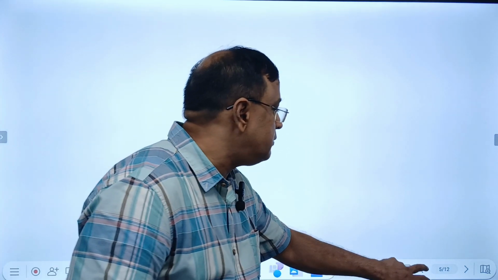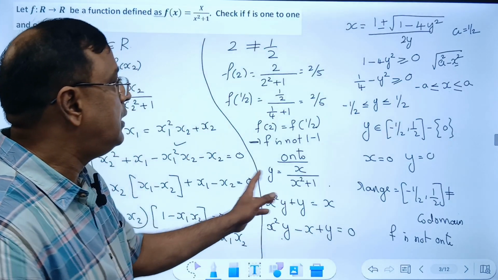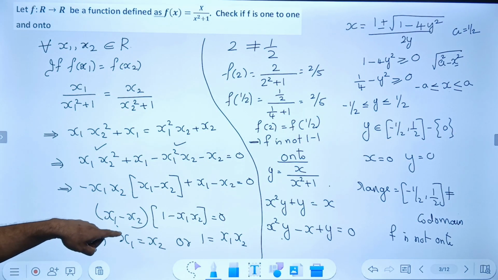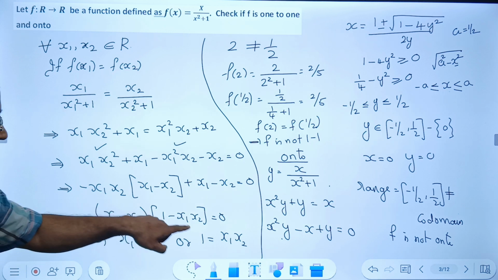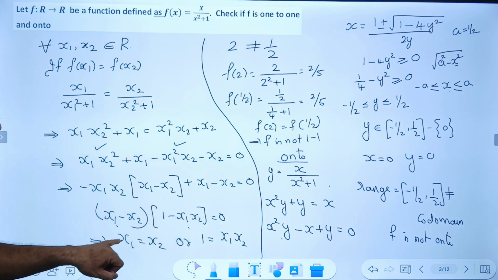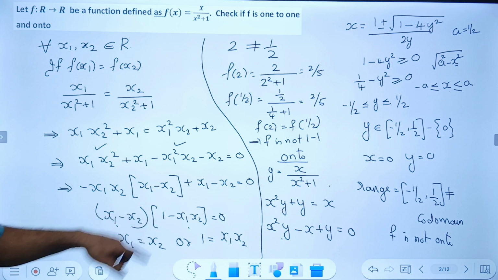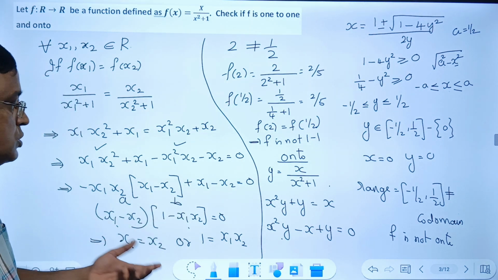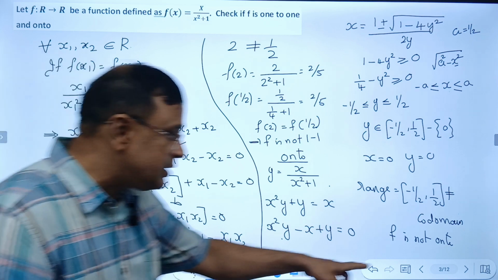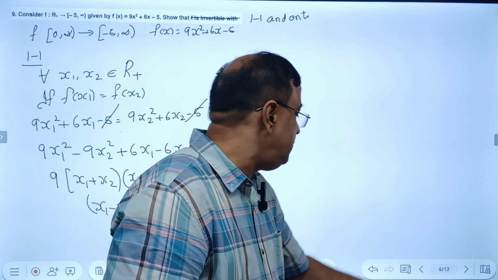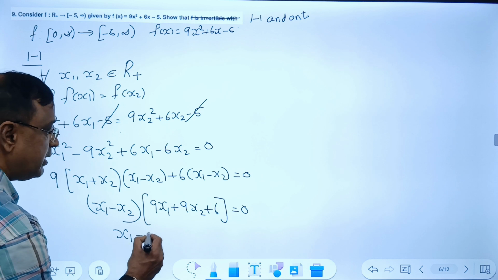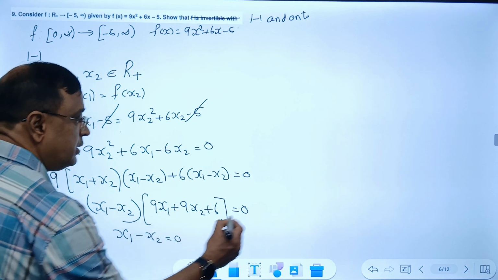Like the question we did before, when you have a product as 0, either this can be 0 or this also can be 0. We don't know. So that is why I have to consider this case. Whereas in this problem, it's very, very clear that only x1 minus x2 can be 0.